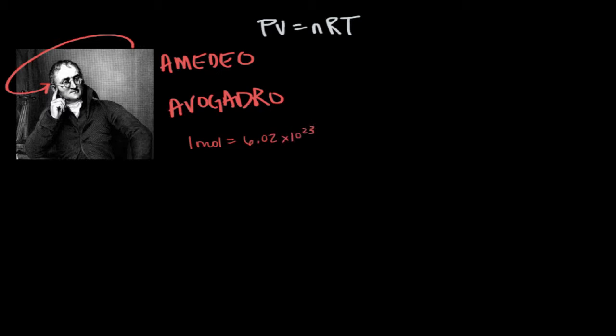And one thing that Avogadro postulated was that equal volumes of gas at the same temperature and pressure contain equal number of particles, whether those particles are atoms or molecules. So for instance, if you filled up 4 balloons to exactly 1 liter at 25 degrees Celsius with different gases, so let's have a green balloon, and we can say that this green balloon is argon.